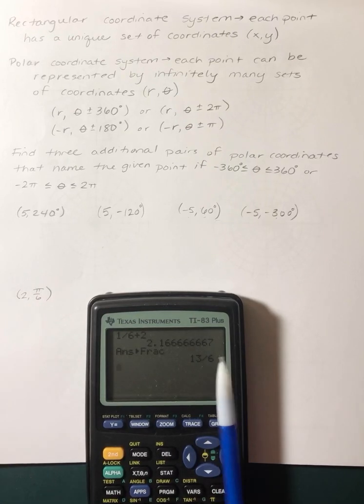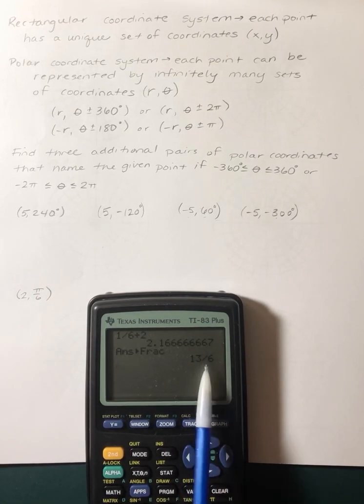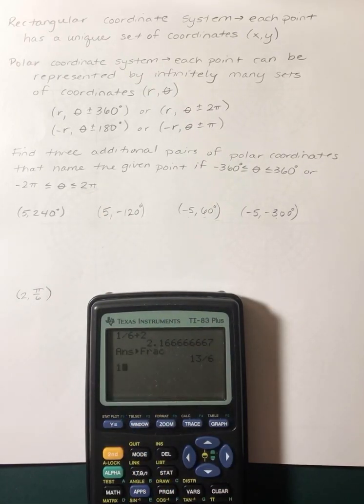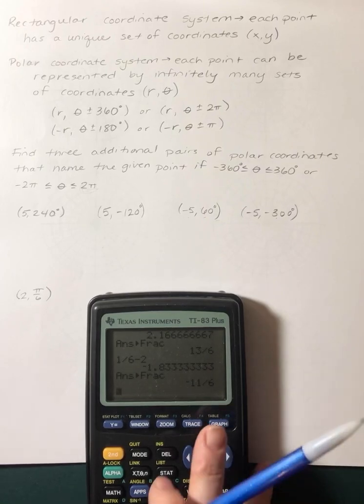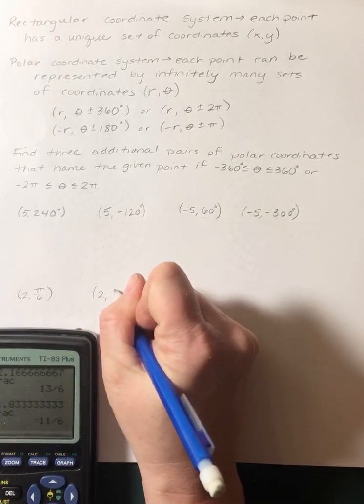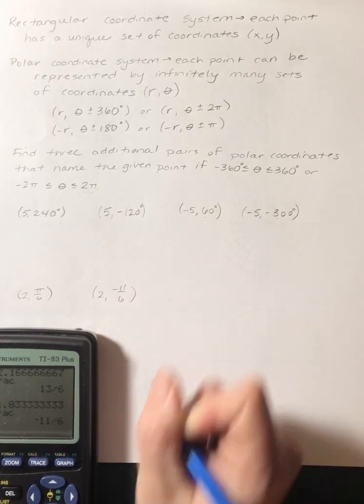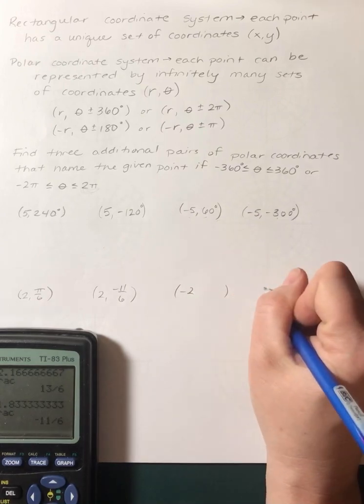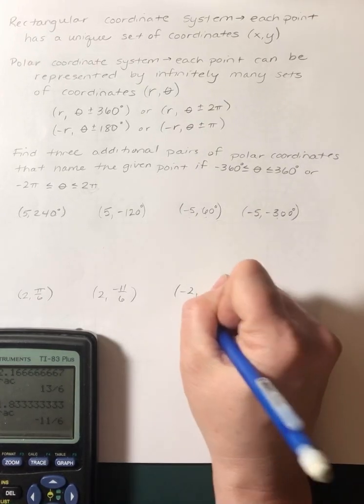Well, this is too big because it's more than 2 pi. So I'm going to take 1/6 minus 2, and I get -11/6. So I'd have (2, -11 pi sixths). Now I need to find my other two that both have a -2 here and here.